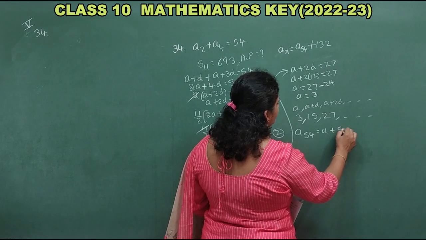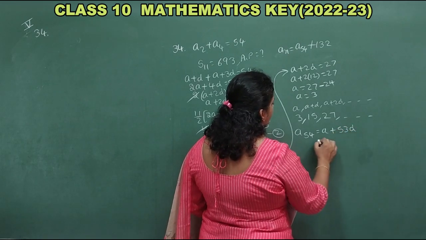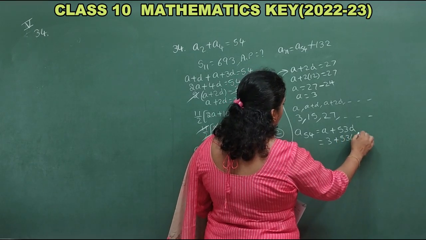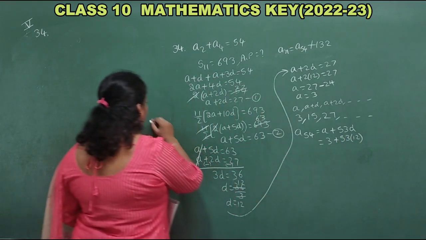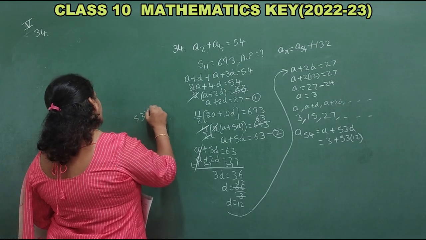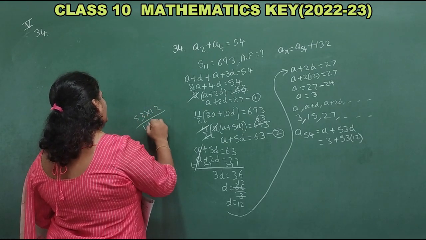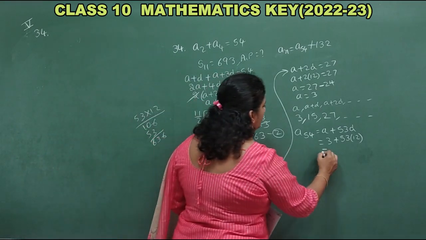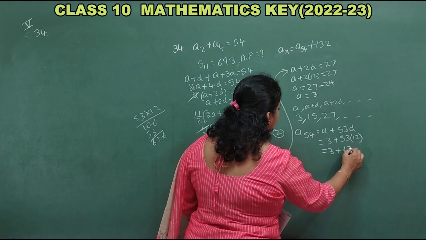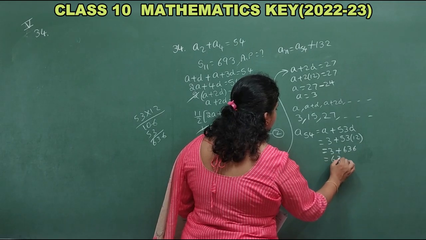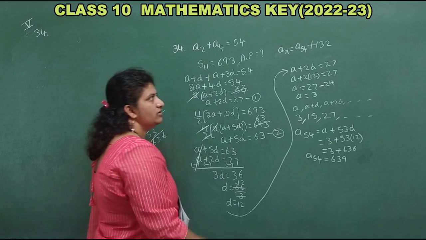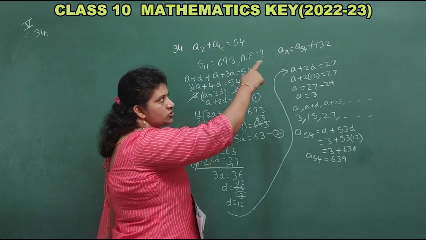A plus 53d, where a value is 3, 53 into 12. 53 12s, calculate here. 53 into 12, that is 636. 3 plus 636, add, 639. A54 is 639.